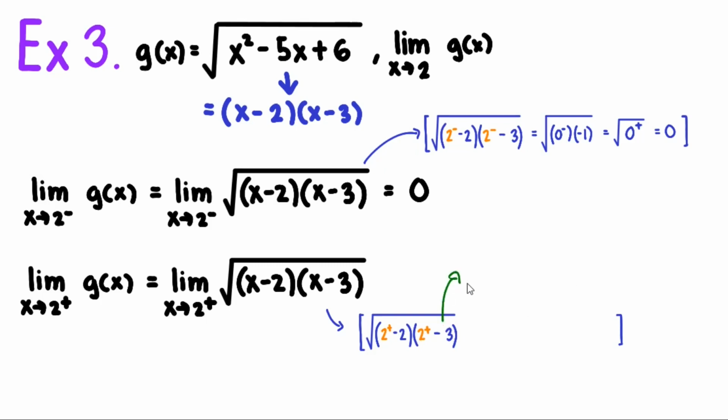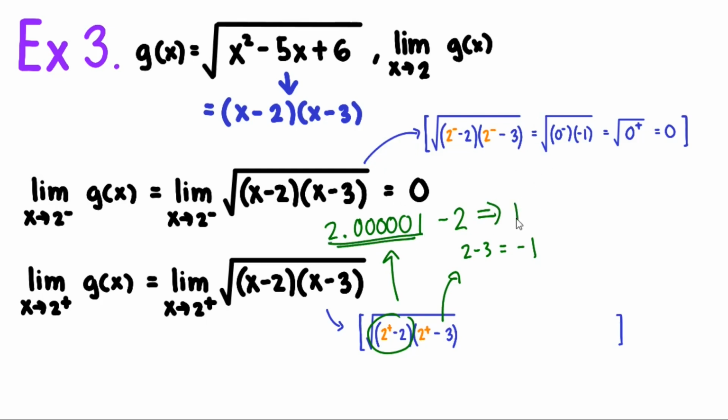Again, for this value, since it won't approach 0 in any case, we'll just have 2 minus 3, and that will be negative 1. For this one, let's try to focus out here. From the right of 2, those are values such as 2.000001 minus 2. Then we know that no matter how close this is to 2, the outcome is positive.